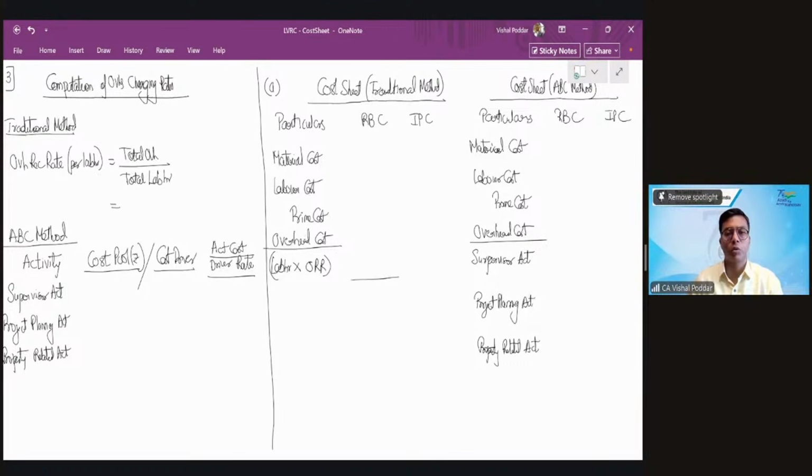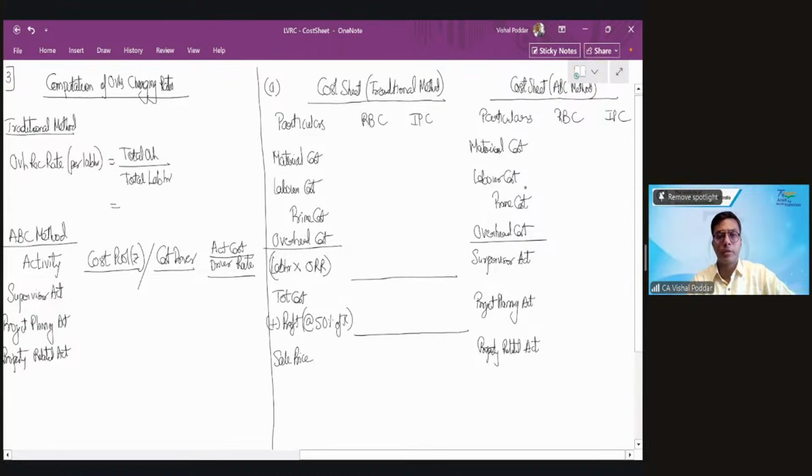Now this will give you your total cost. Plus you have to add profit, which is at the rate of 50% of total cost. So you will get your sale price. The same thing will happen here.